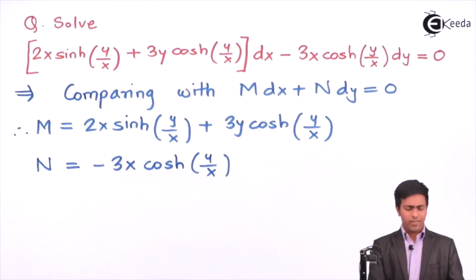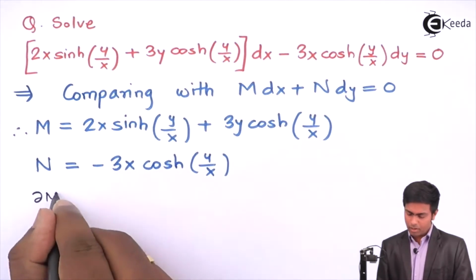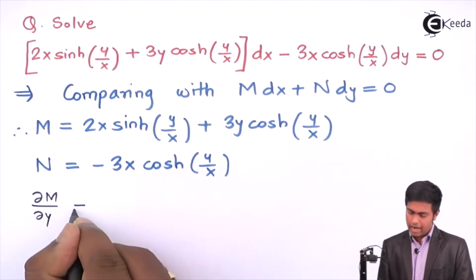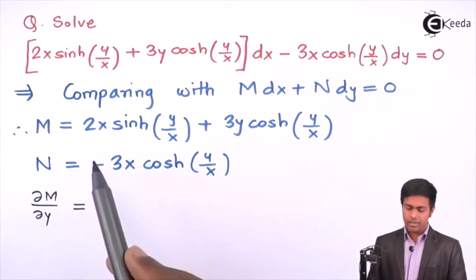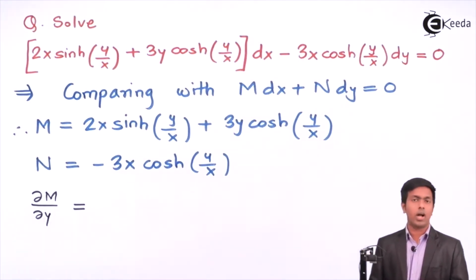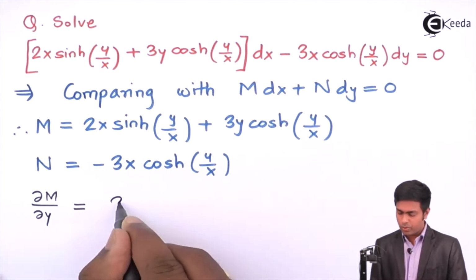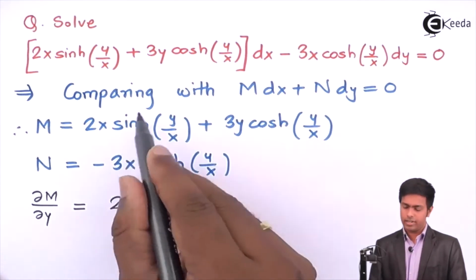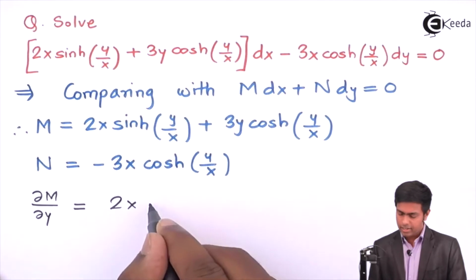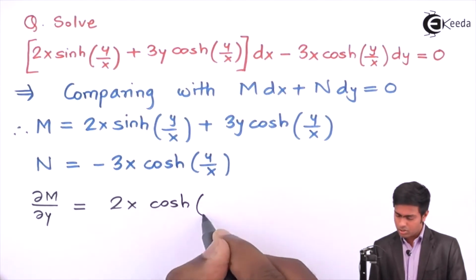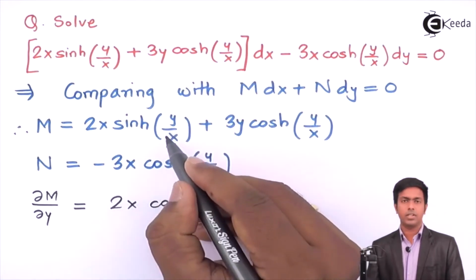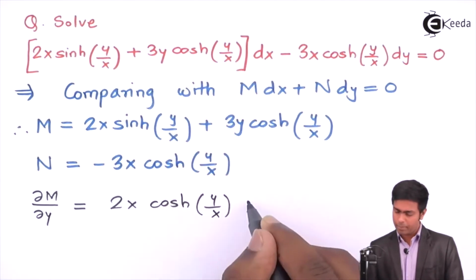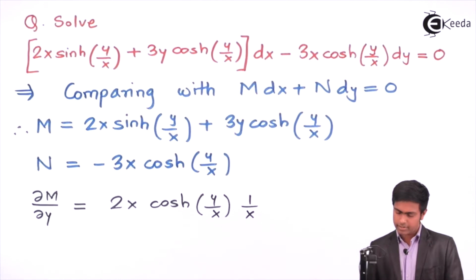So now let's take the value of ∂M/∂y and ∂N/∂x. For ∂M/∂y, I'll differentiate M with respect to y partially. So 2x is constant outside, the derivative of sinh is cosh(y/x), and the derivative of y/x with respect to y partially is 1/x.